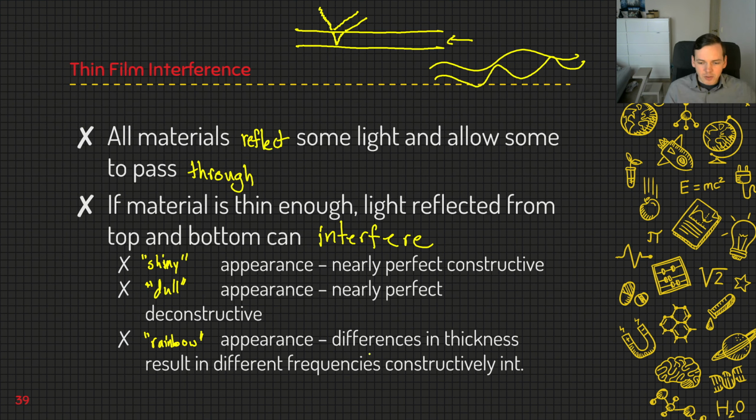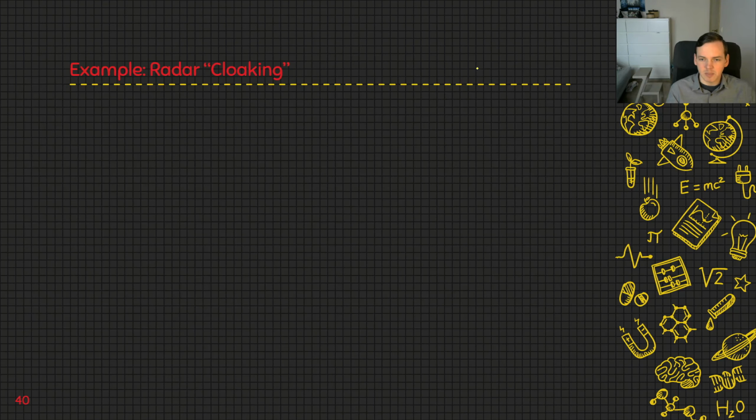Then those different thicknesses will mean that only certain colors of light or certain wavelengths of light constructively interfere at a given point. So maybe right here you get red interfering, here you get purple, here you get green. And so that means when you look at it, you see, this is redder, this is greener, this is bluer, etc. So let's talk about some examples.